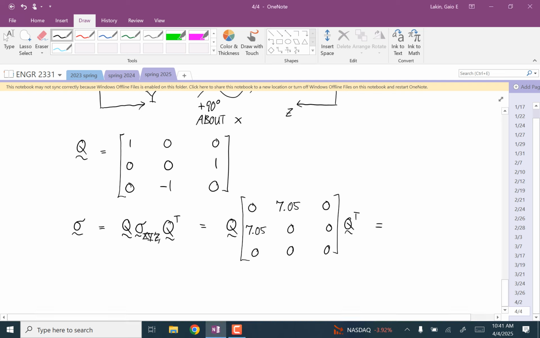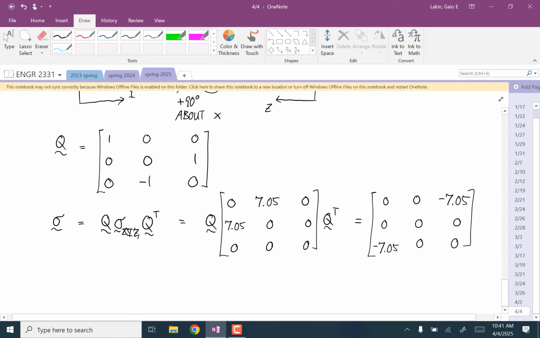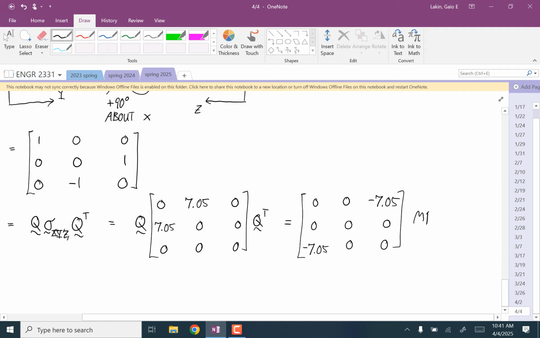That gives 0, 0, negative 7.05, 0, 0, 0, negative 7.05, 0, 0 megapascals.